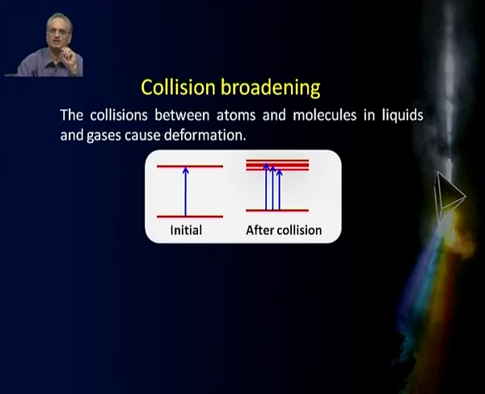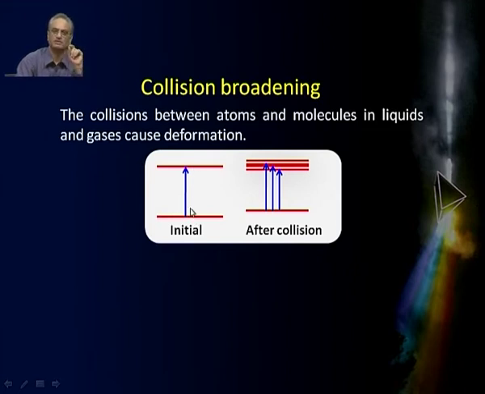As a consequence, since they distort, the energies of the external or the valence electrons, the valence orbitals, get altered to some extent. Suppose I am talking about this transition: a single molecule not undergoing any collision of any kind, the transition takes place from this level to this level, a certain delta E value, a certain position.